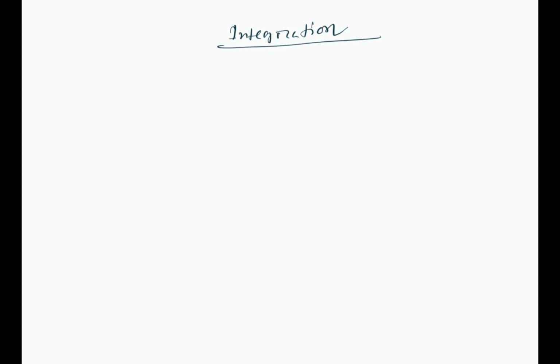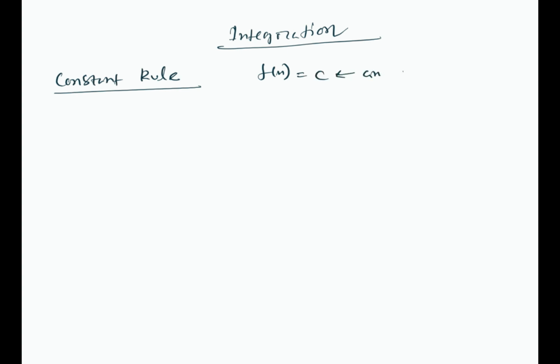So the first rule of integration is called the constant rule. The general format of the constant rule: let's say we have a function f of x is equal to c, where this c is any constant.